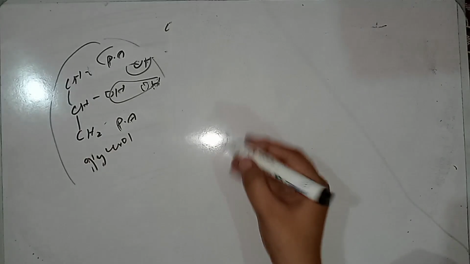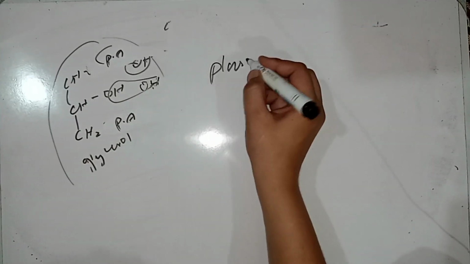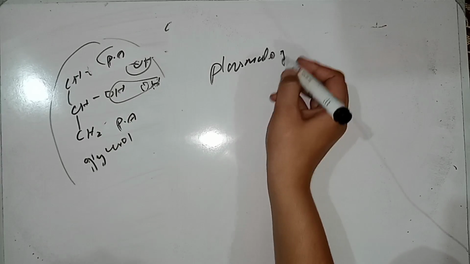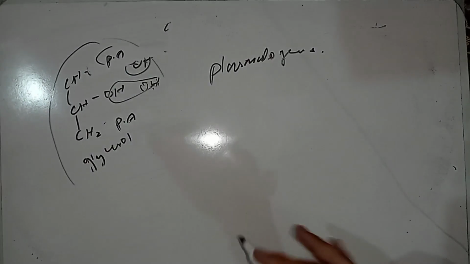And then we come towards plasmalogens. These are also phospholipids.